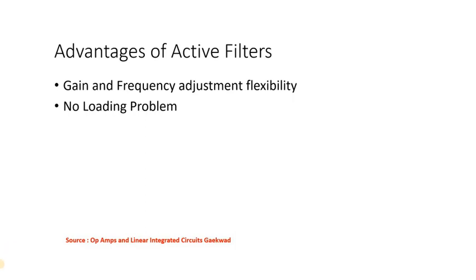If you are using conventional RC filters or LC filters or RLC filters, some sort of loading problem is always there, because all of you are aware that impedance matching is not there. So to match that, loading problem is always there. In the case of active filters, there is no loading problem. Another important aspect, as these days we look for low cost, is one of the reasons, and we call it an advantage of active filters.